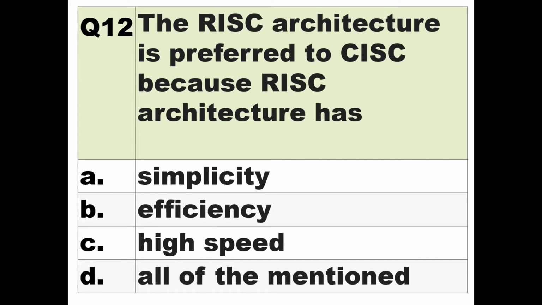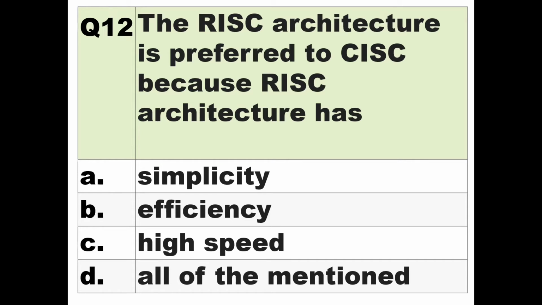The RISC architecture is preferred to CISC because RISC architecture has: simplicity, obviously, it is very simple; efficiency, obviously, its efficiency is better than CISC; high speed, obviously, its execution time and access time are faster than CISC.